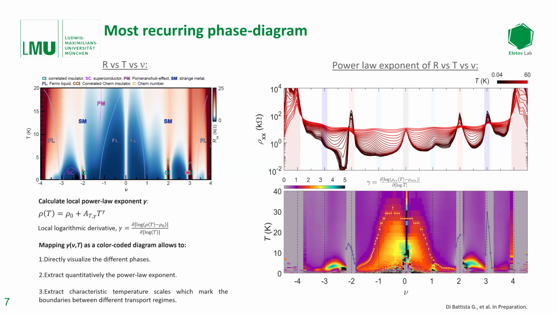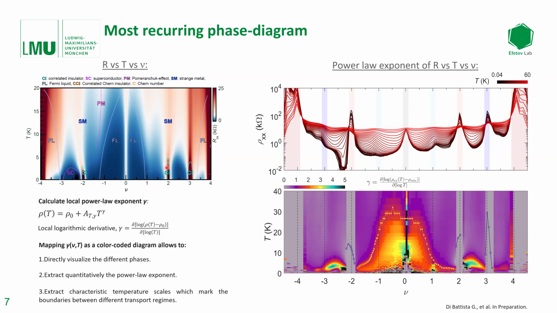Then we have these superconducting regions, which are usually strongest at filling factor -2 to -3. Here we usually observe a strong superconductor with superconductivity up to 3 Kelvin.